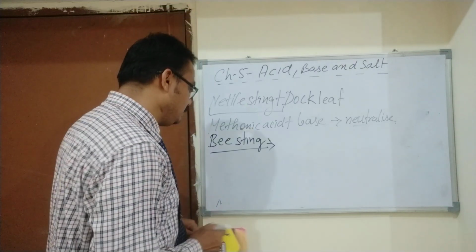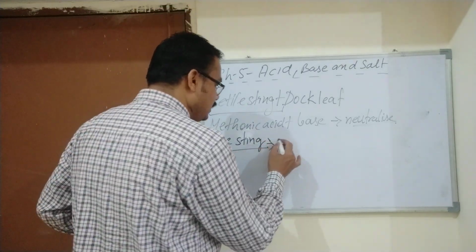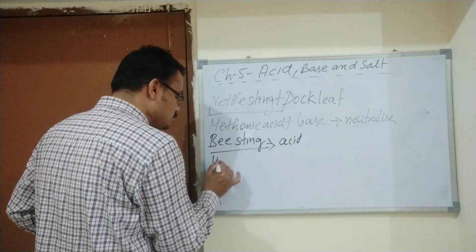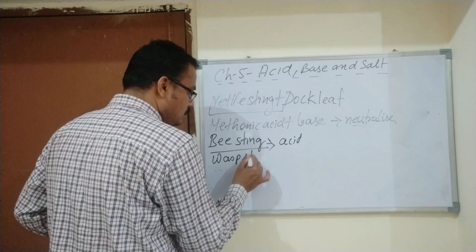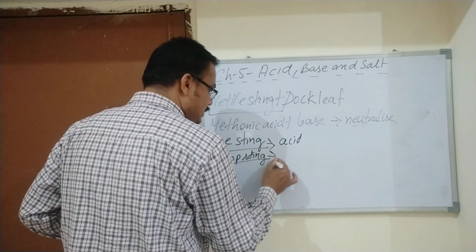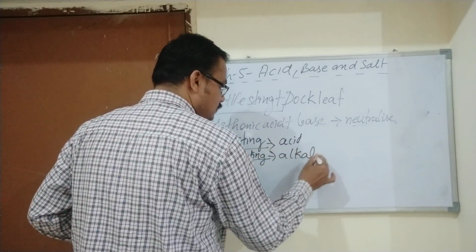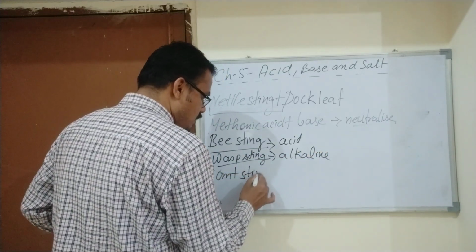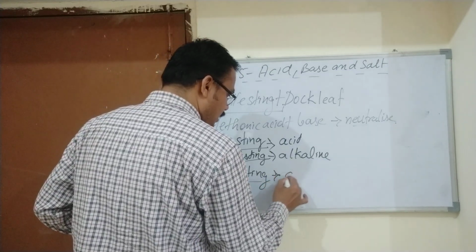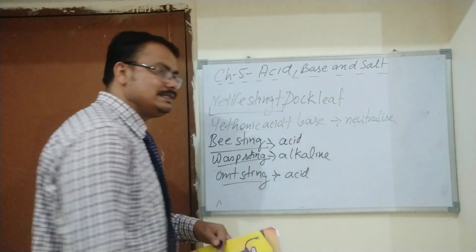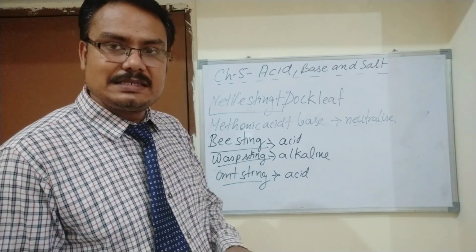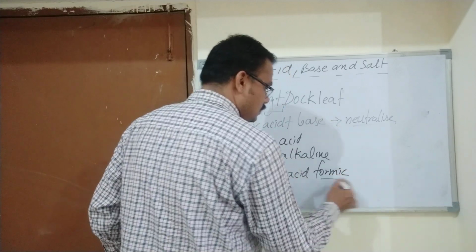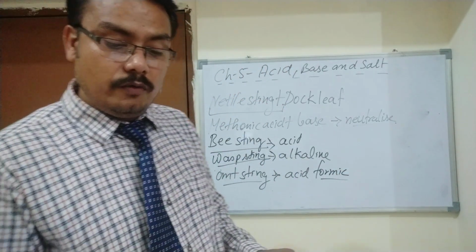So a bee sting contains acid, a wasp sting contains alkaline, and an ant sting also contains an acid called formic acid.